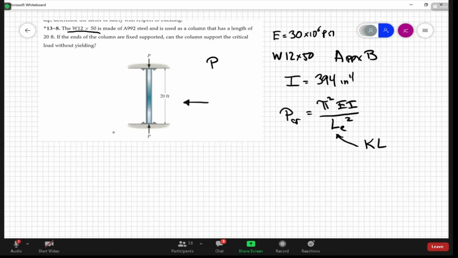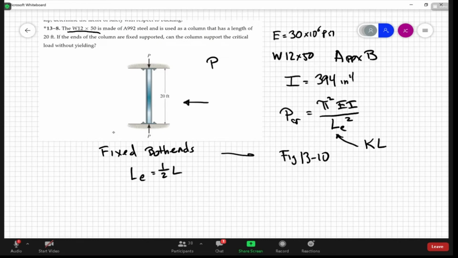In the textbook, it's figure 13.10 that shows you the different end conditions. So this is fixed on both ends, and in that case, from figure 13.10, L effective is half of the actual length, or K is equal to 1/2. It gives you the same answer.